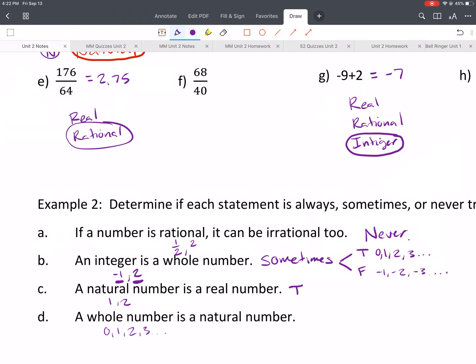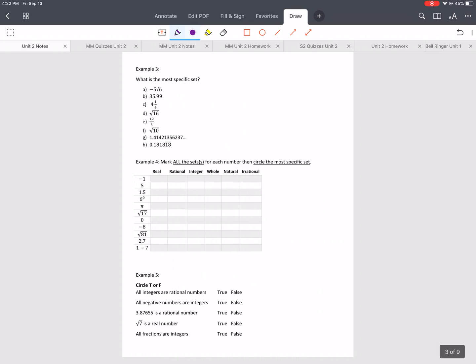So a whole number is a natural number. Well, a natural number is 1, 2, 3. So here we'd say sometimes. The only time it would be false would be when it was 0. True would be anything else. 1, 2, 3. That could be a whole number. Okay. All right. Next page.